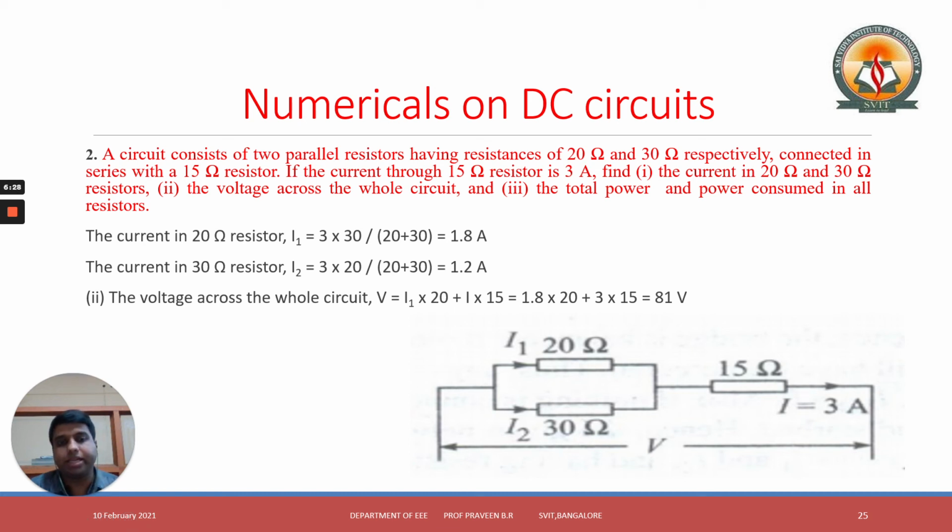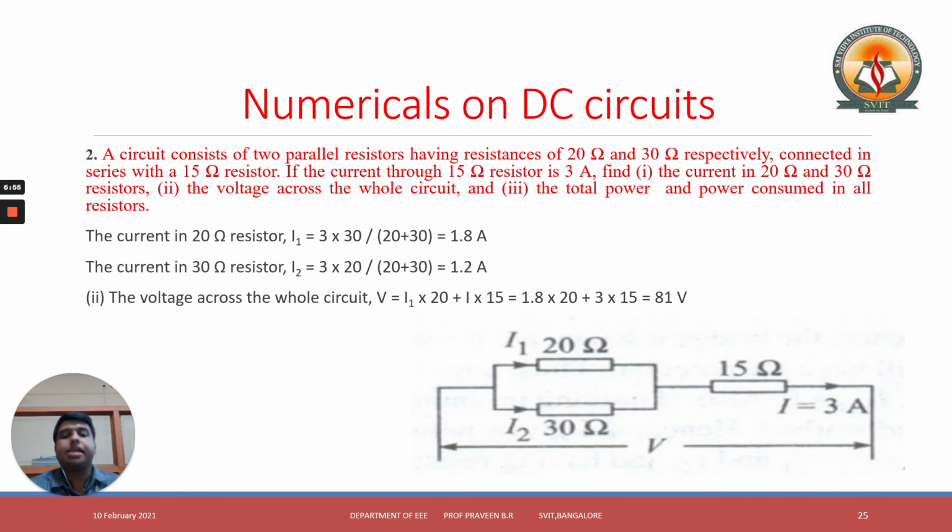There are two ways of doing this problem. I can also calculate total voltage by calculating the equivalent resistance. How do we calculate the equivalent resistance? We know 20 ohm and 30 ohm are connected in parallel. So 20 into 30 is 600. 20 plus 30 is 50. So when we do 600 divided by 50, we get 12.